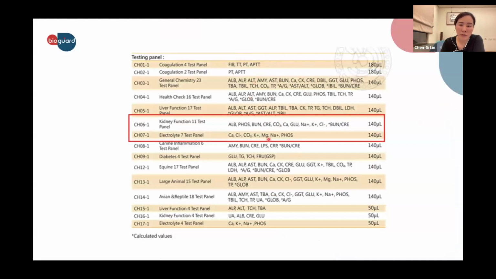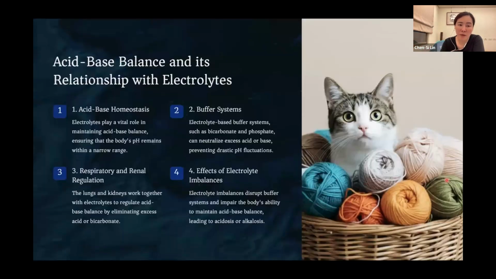So here are the different kinds of panels that we can use for these blood biochemistry parameters to help us find out the problem.